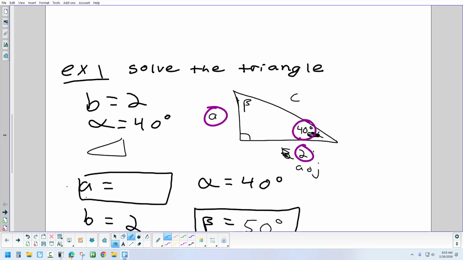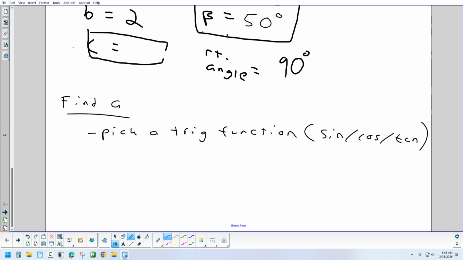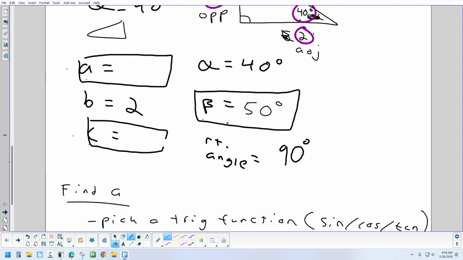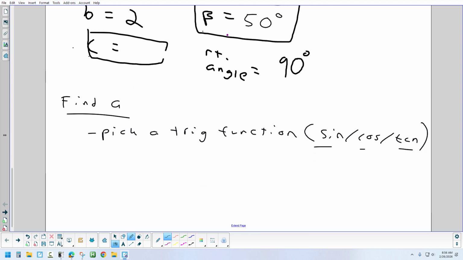And what is the position of the side that is labeled A? Opposite. That is opposite. So the 2 sides that are involved in finding A are the opposite and the adjacent. Out of these 3 trig functions, there's only one that would use opposite and adjacent. Which trig function is that? Tangent. Yep.